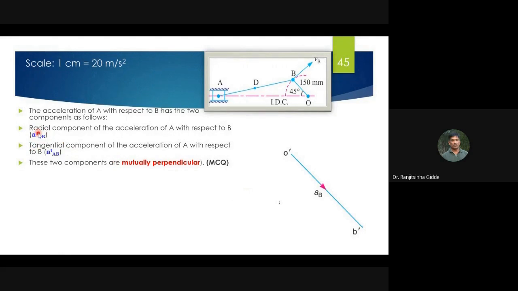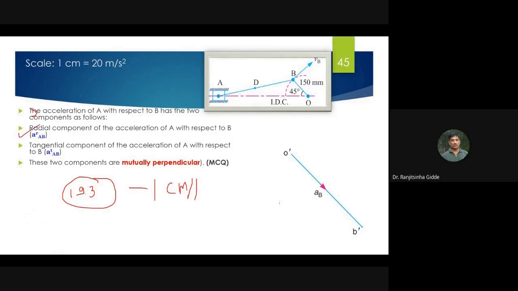It is 19.3. Okay, so on the basis of this 19.3, approximately 1 centimeter.